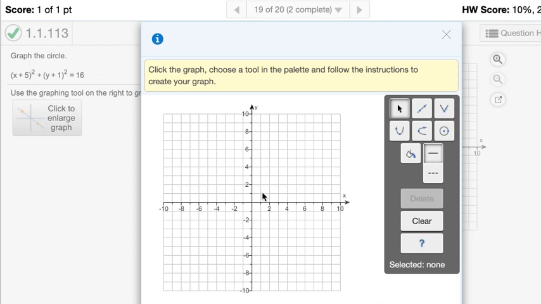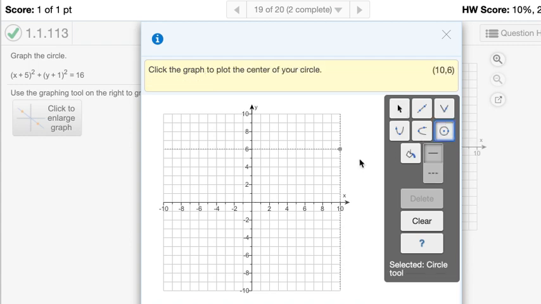So what we're going to do is use the circle tool. And remember, we want to graph the center of the circle first. So the center of the circle is negative 5, negative 1. So I'll go to the left negative 5 and down 1 and graph the center. Notice the coordinates of that point, negative 5, negative 1.